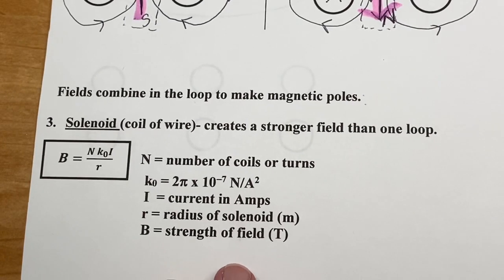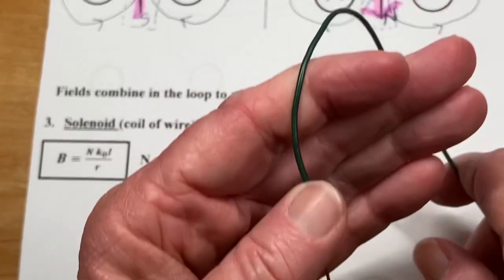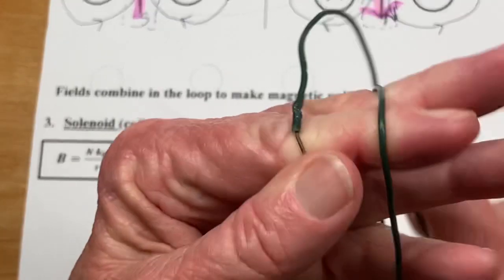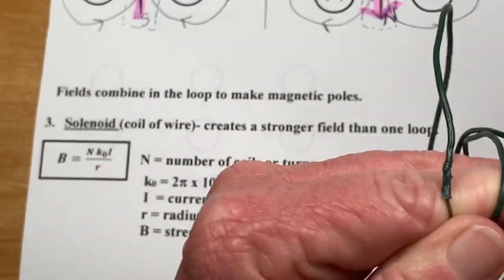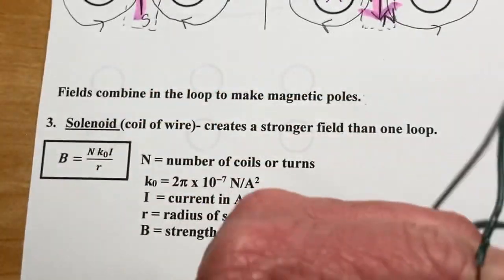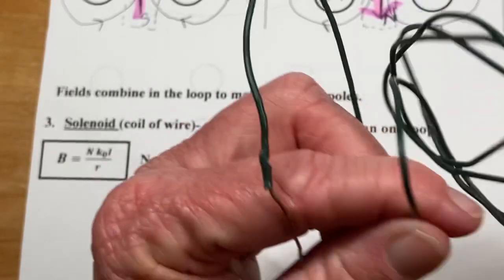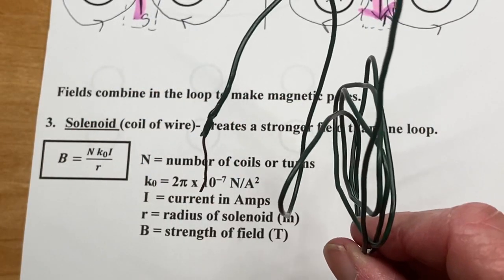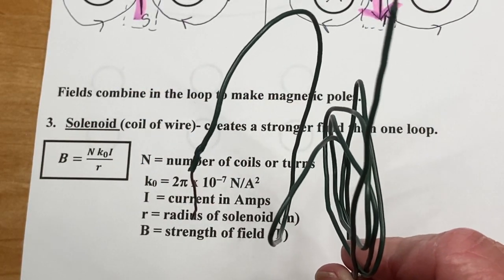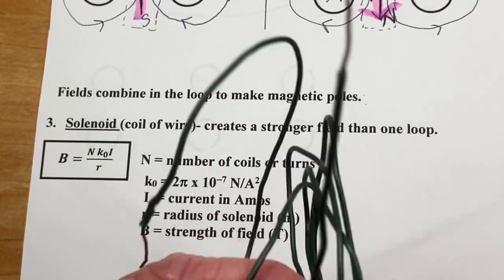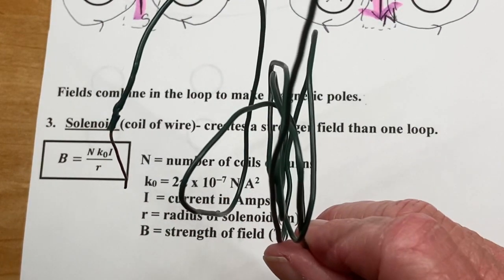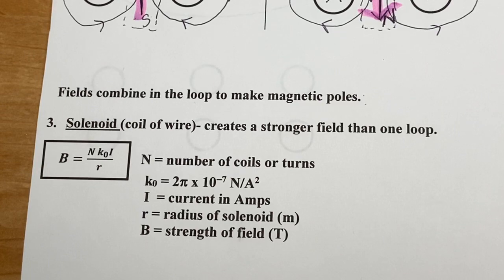Now, if you simply wrap wire, I could take this and put it on my hand and just wrap it, and wrap it, and keep wrapping it. It's a really janky wrap, so that's a really ugly coil. But I can put electricity on it, and whatever happens inside is now, looks like, 5 times stronger than if I did it once. That's what's called a solenoid.